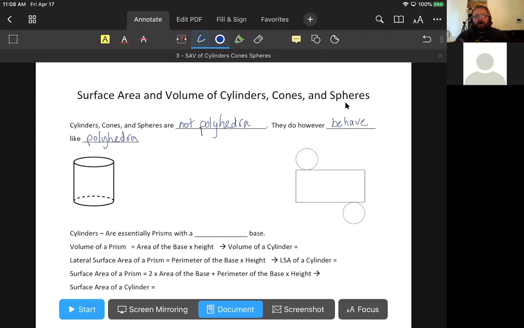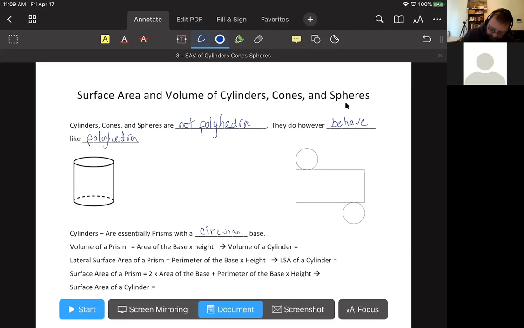And in fact, for cylinders and cones, we can use what we know about prisms and pyramids to develop the equations for them. Okay. So here on the screen, you'll see that the picture on the left is representing a cylinder. A cylinder is essentially a prism that has a circular base.